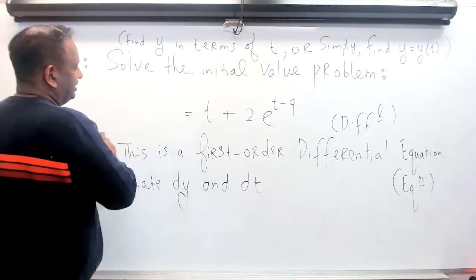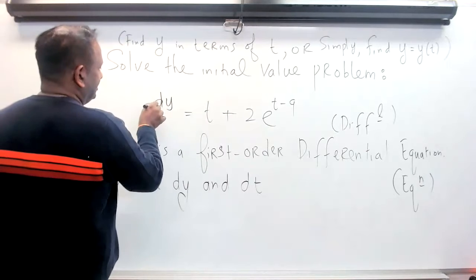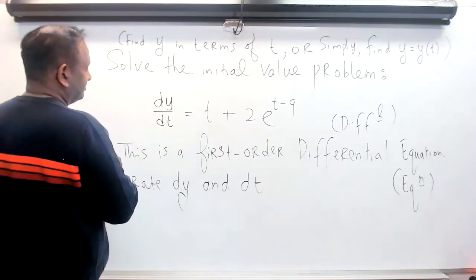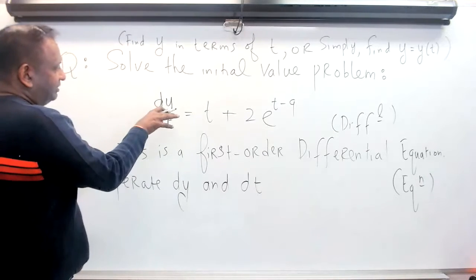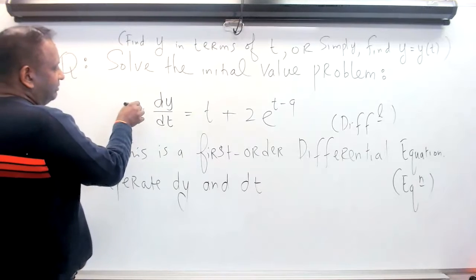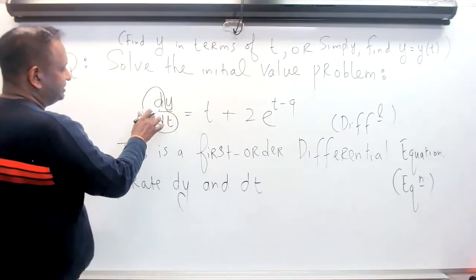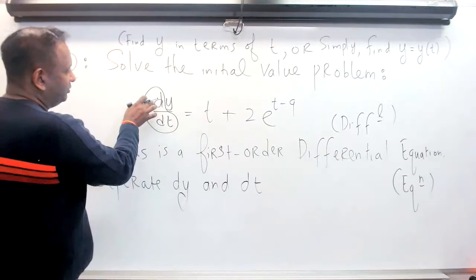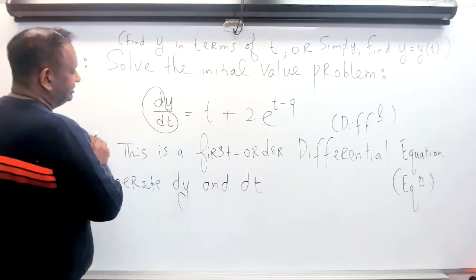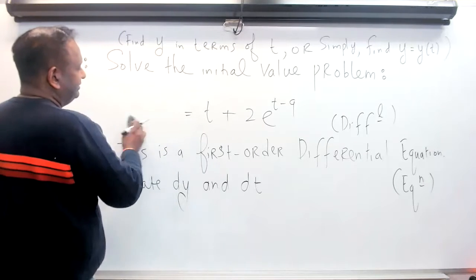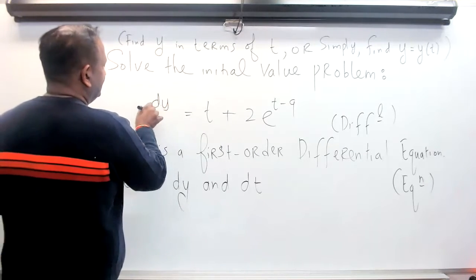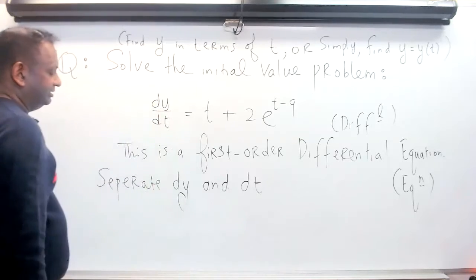When it comes to the derivative dy over dt, we don't call that two operators, just one operator: y has been differentiated with respect to t. Here, you can easily think about this as two operators now, dy and dt.